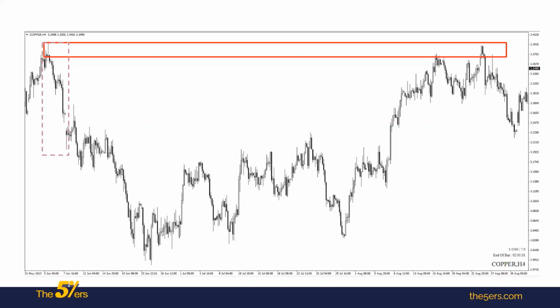If you try to think about this, this high is where we had the last seller matched with the buyer, okay? And from that on, price was going down, okay? This means that we don't have enough buyers' strength in here.